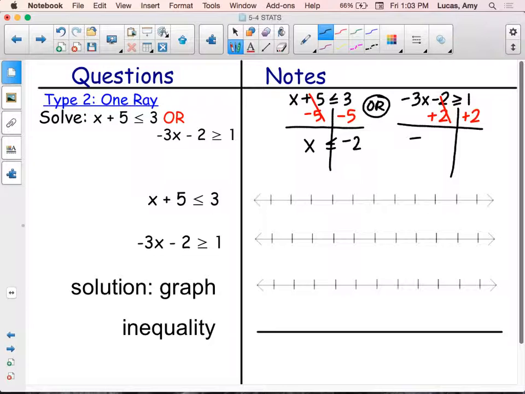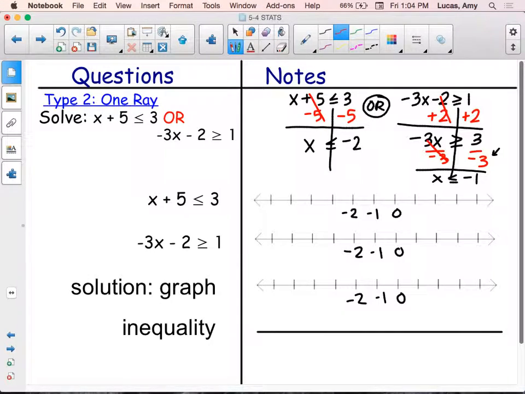That one is done. -3x is greater than or equal to 3. So I need to divide by -3, which means flip my symbol because I'm dividing by a negative. 3 divided by -3 is -1. So for these number lines, all I need is -2 and -1. I guess I'll put a 0 on for my third number.